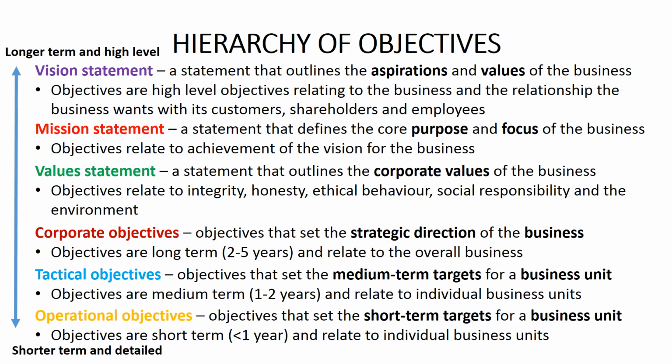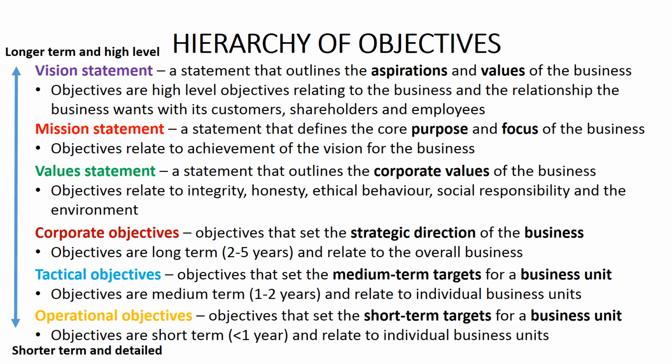In the table in your summary books, you can now describe the purpose of operational objectives as being to set the short-term targets for a business unit. As we've said, these objectives are short-term, that is, they are objectives that should be achieved in less than a year. That could be anywhere from a couple of days to up to 12 months.